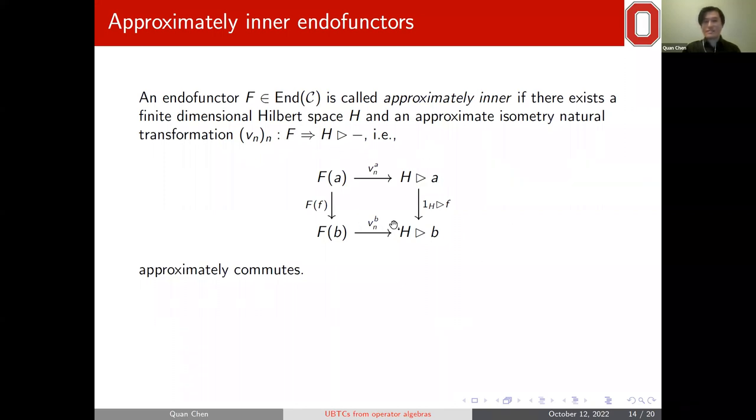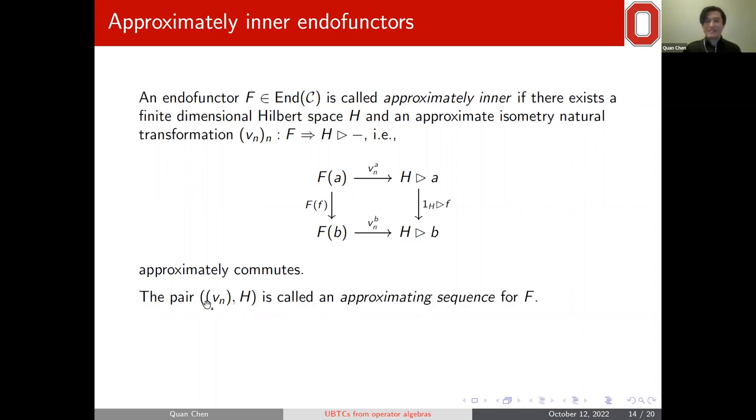Namely, this diagram is just saying it's an approximate natural transformation, and we want this also isometric. And this pair, the sequence V_n of approximate transformations and this finite dimensional Hilbert space, is called the approximating sequence for F.